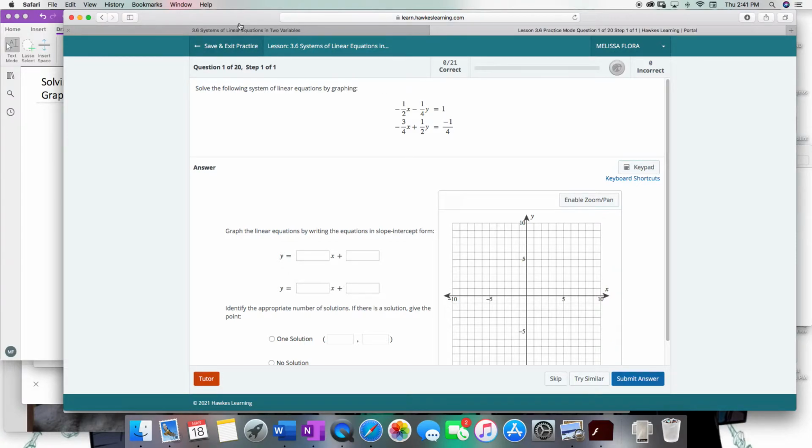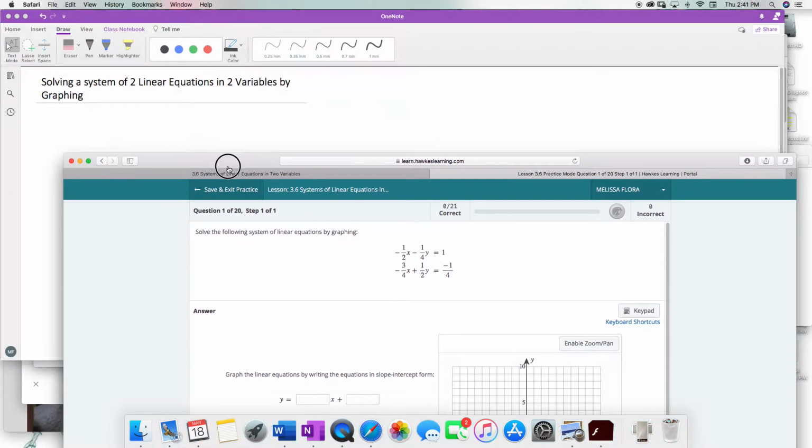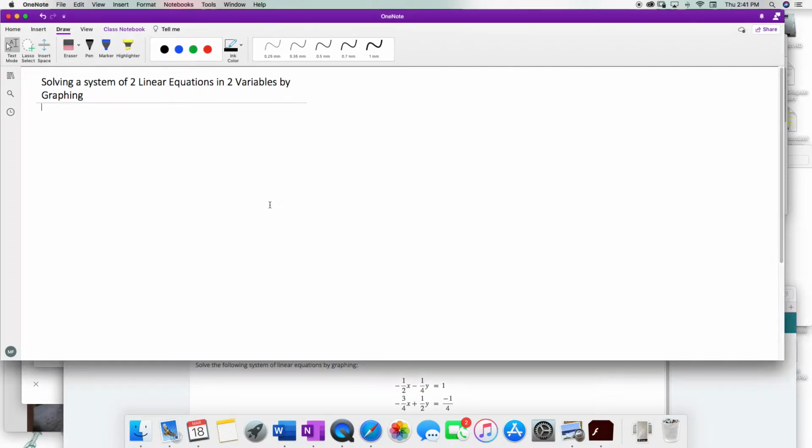So I'm going to take these and copy them over to my scratch work. So let's write these here. We have negative 1/2 x minus 1/4 y equals 1 as our first equation, and negative 3/4 x plus 1/2 y equals negative 1/4.